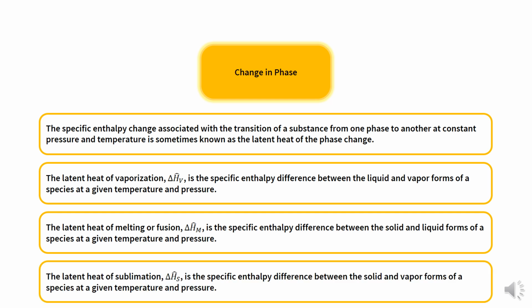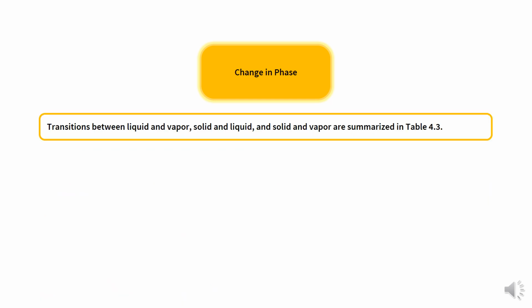And also, the latent heat of sublimation, or delta HS, is the specific enthalpy difference between the solid and vapor forms of a species at a given temperature and pressure. The transitions between liquid and vapor, solid and liquid, and solid and vapor are summarized in the table below.